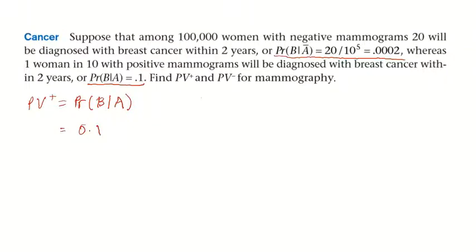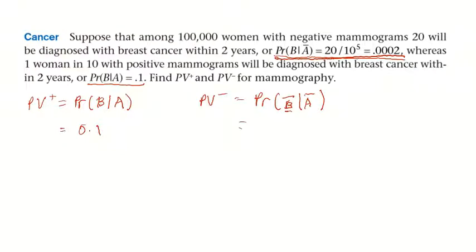Next, let's solve for the predictive value negative of mammography. The predictive value negative for mammography will be the probability that there is no breast cancer given that the mammogram is negative. Now, we don't know this exactly, but we know a portion of it. We know the probability of having breast cancer and the mammogram is negative.